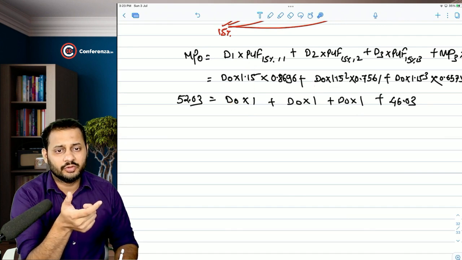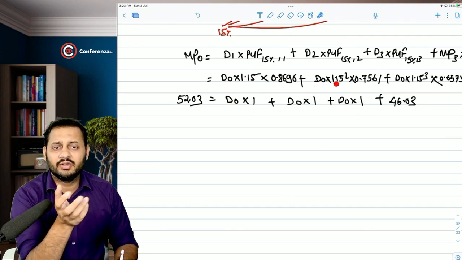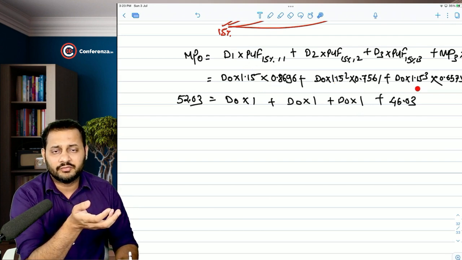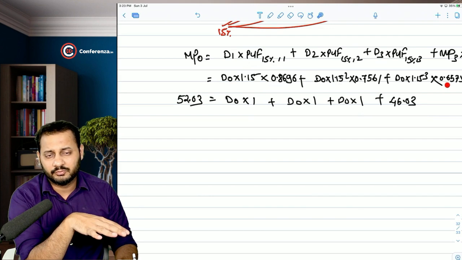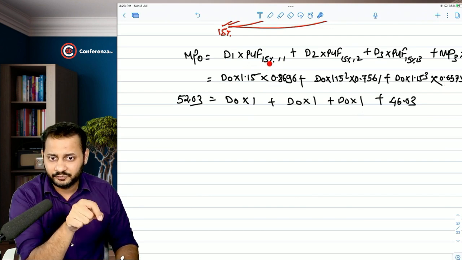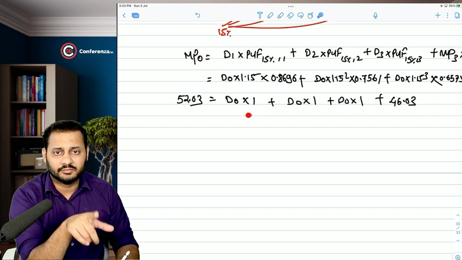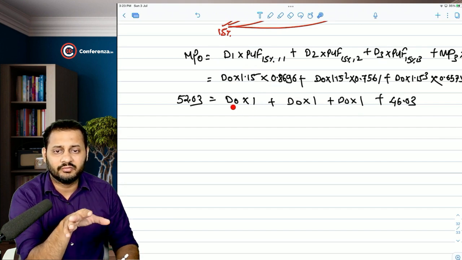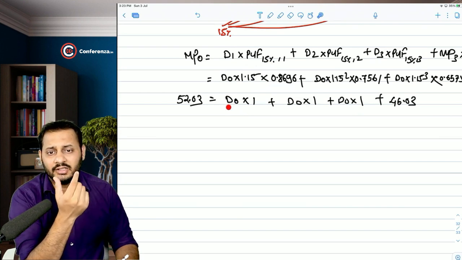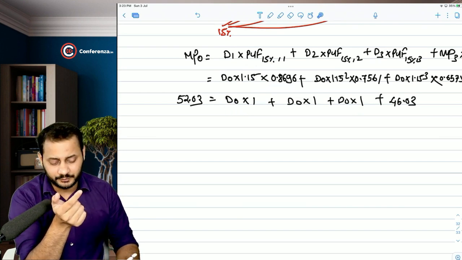You are doing the same thing here also: 15, 15, you can say 30 steps forward, 30 steps backward, 45 steps forward, 45 steps backward. When the growth rate and the discount rate are the same, the answer is 1 multiplied by 1. So everything will get negated, and the only answer that remains is D0.